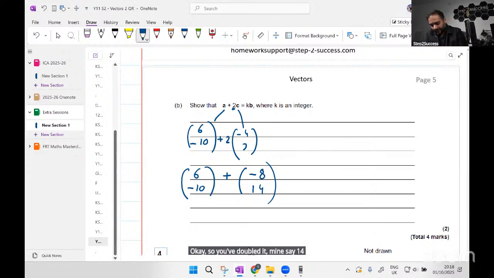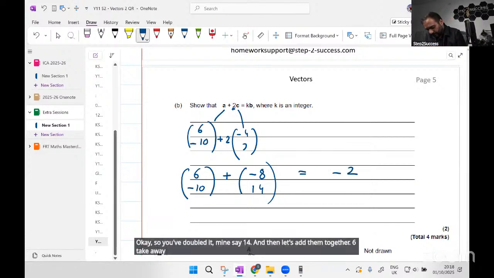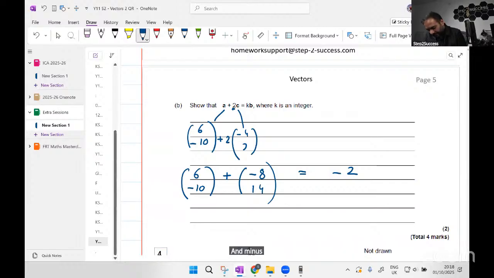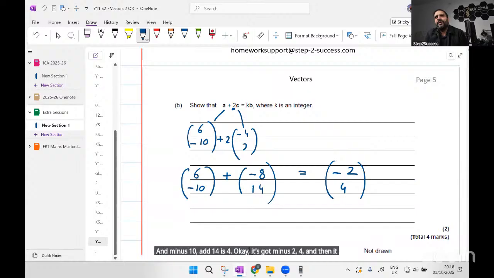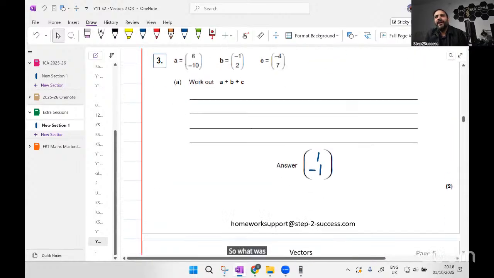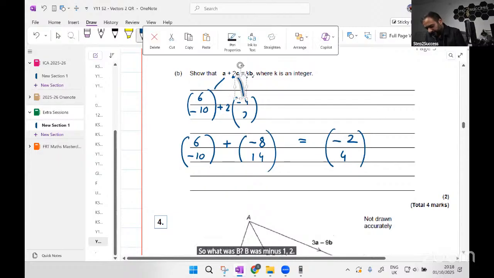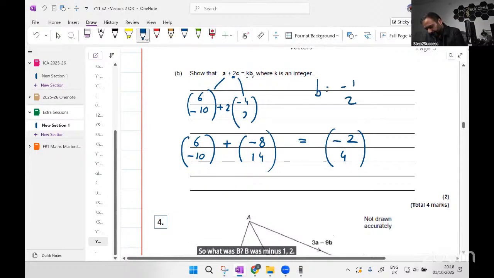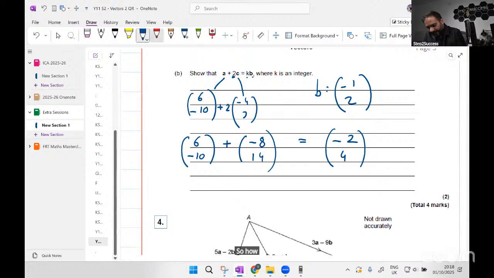And then let's add them together. 6 take away 8 is minus 2, and minus 10 add 14 is 4. Okay, it's got minus 2, 4. And then it's saying, show that this is something times B. So what was B? B was minus 1, 2. So how do you get from here to here?